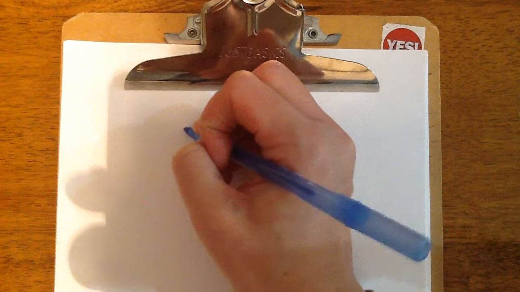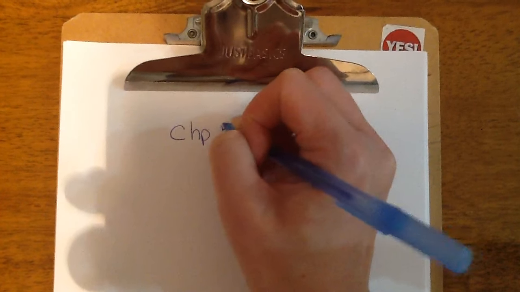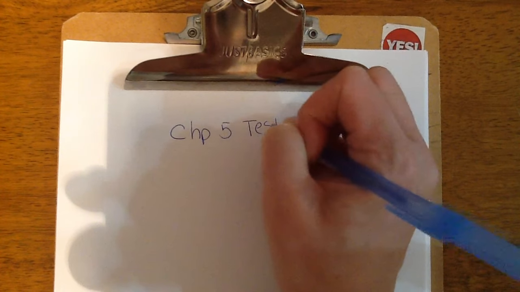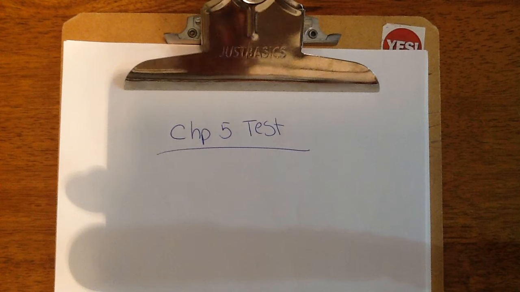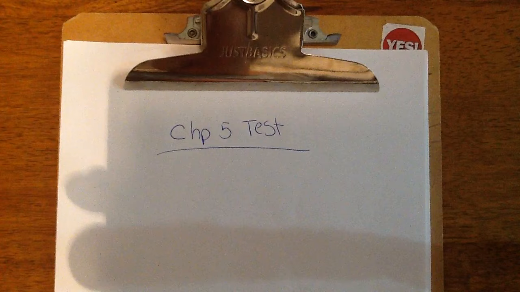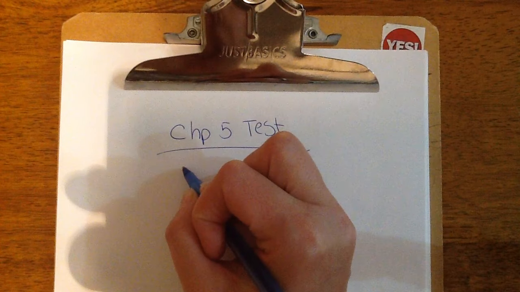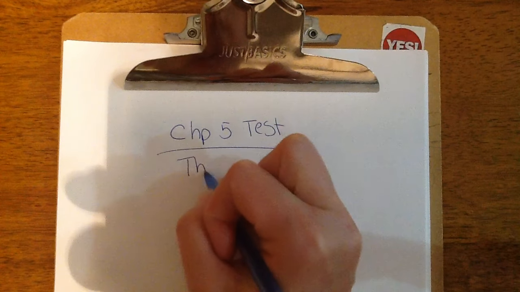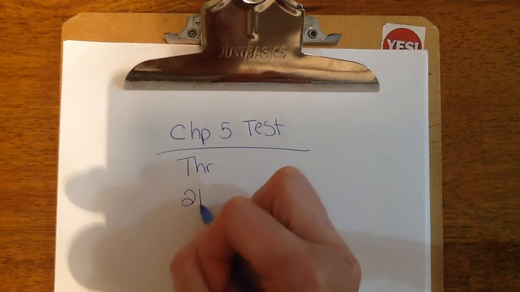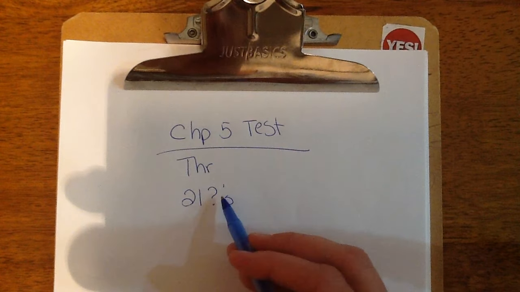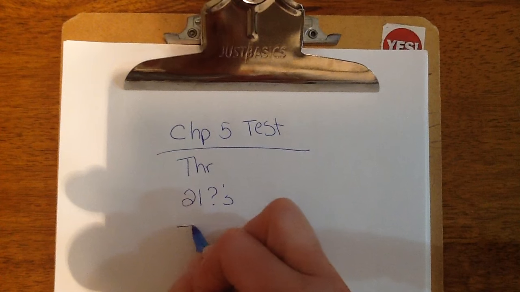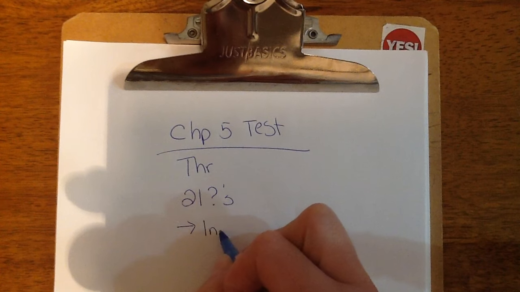I just wanted to go over a few things about the Chapter 5 test, just to give you some specifics. I know I haven't been able to be there this week, but I'm going to try to give you a little bit of a heads up. So first of all, the test will be on Thursday, okay? And there are 21 questions on the test. Of those 21 questions, the only ones that you have to graph are inequalities.